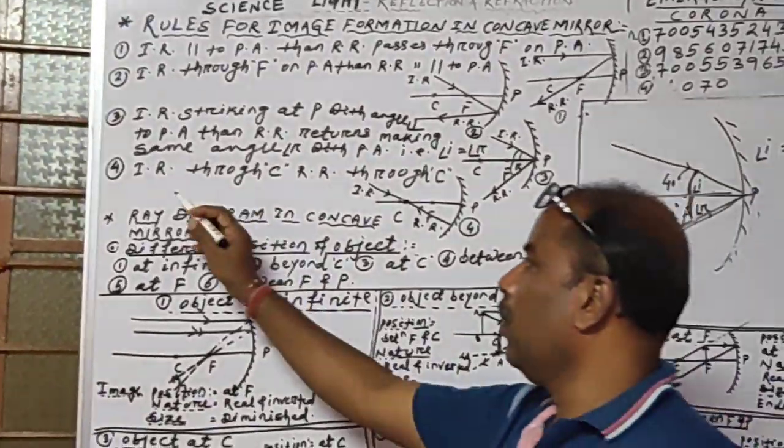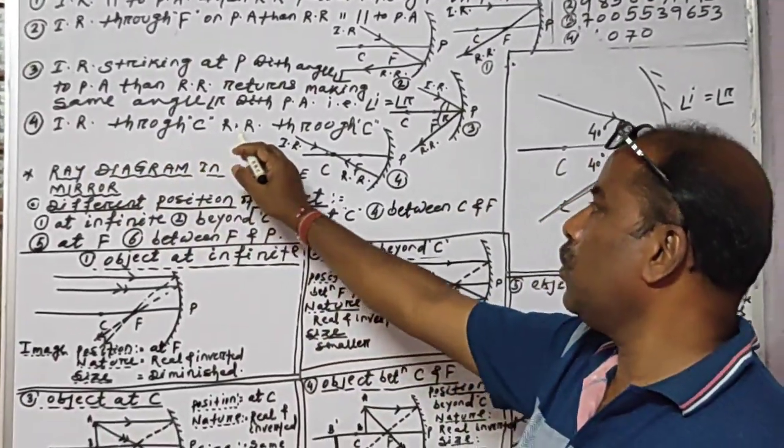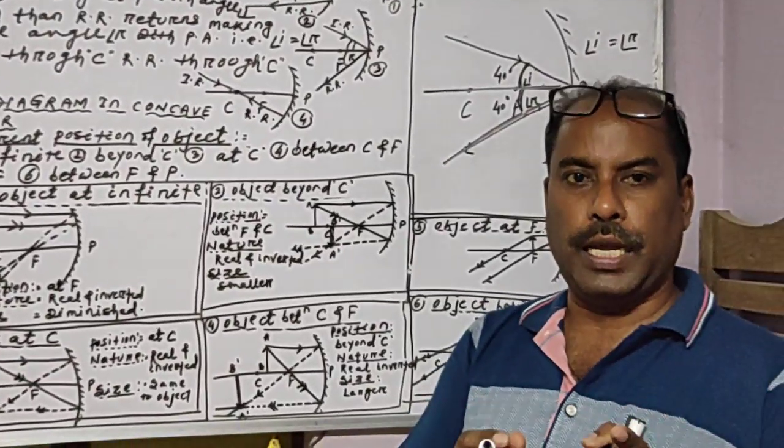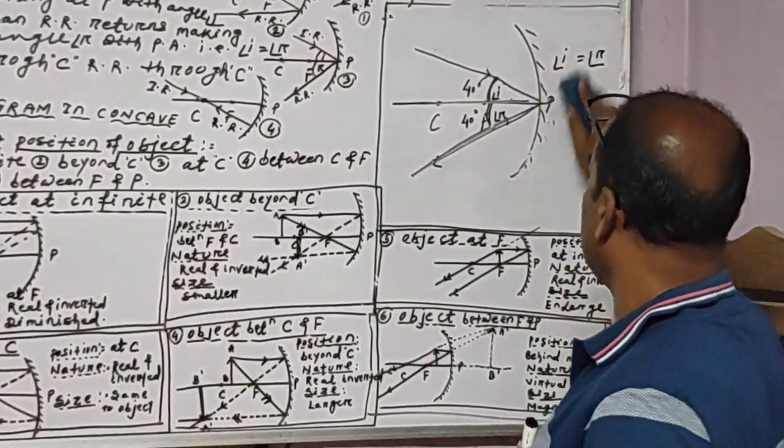Then number 4: if the incident ray passes through C, then the reflected ray also returns back through C. Again we have to see here.